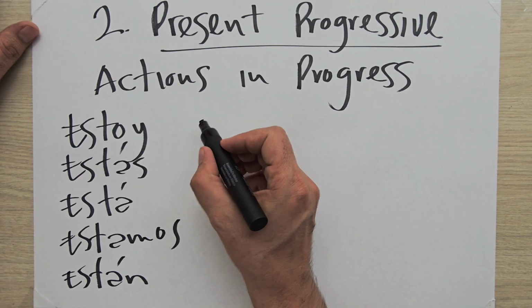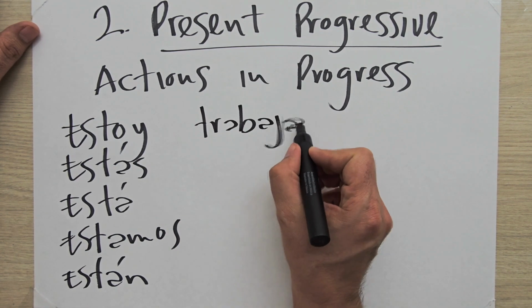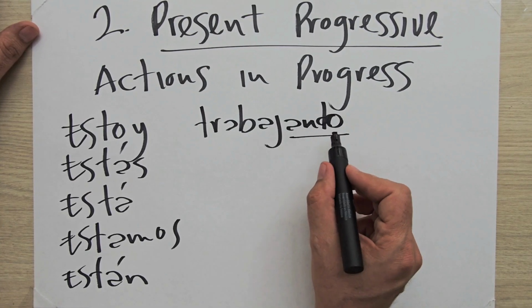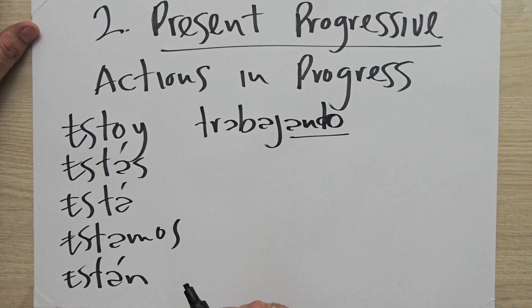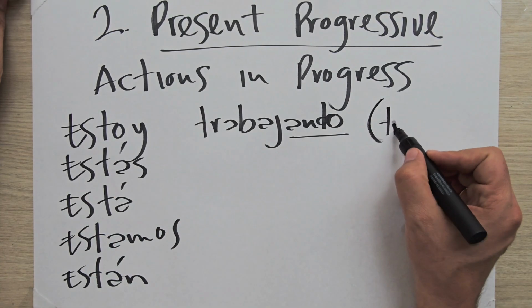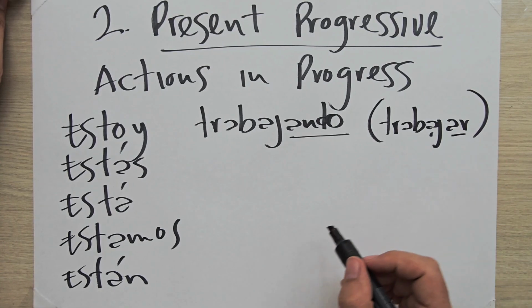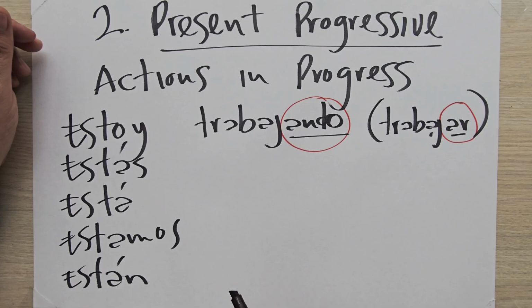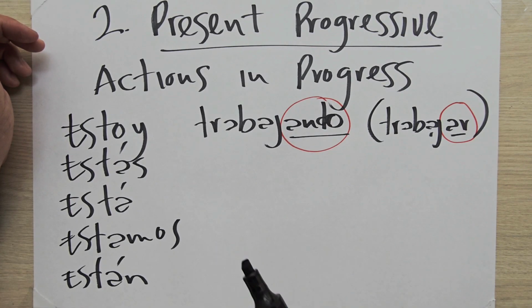Example, estoy trabajando. Trabajando, working, I am working. So it is trabajar, AR, trabajando.